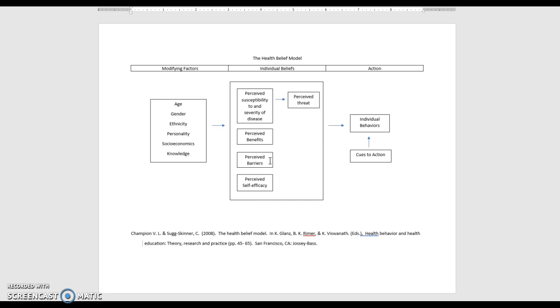Maybe if they have a smoking circle at work, and they're no longer part of that smoke break, that could be a barrier because they lose that socialization. So their self-efficacy is how strong can they be in facing these barriers, for example.